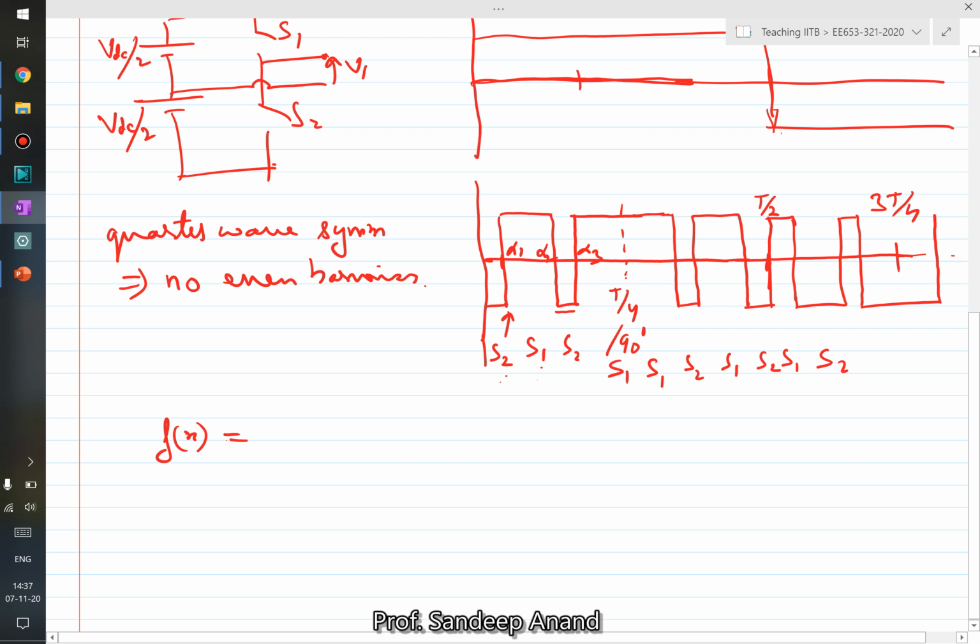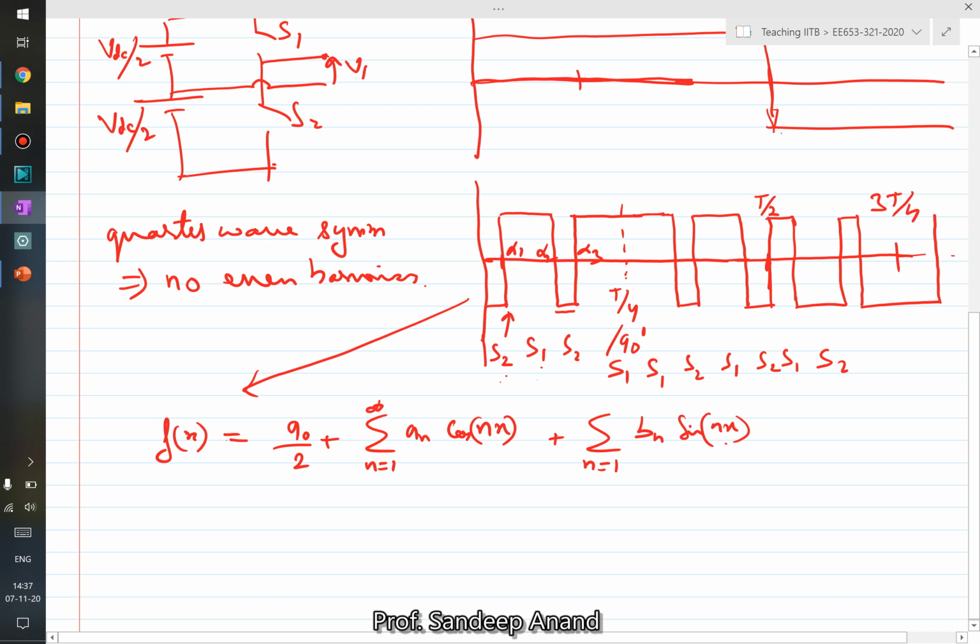If I write the Fourier series of this particular waveform, then I can write it as A0 by 2 plus sigma an cos of nx, n going from 1 to infinity, plus sigma bn sine of nx, n going from 1 to infinity.